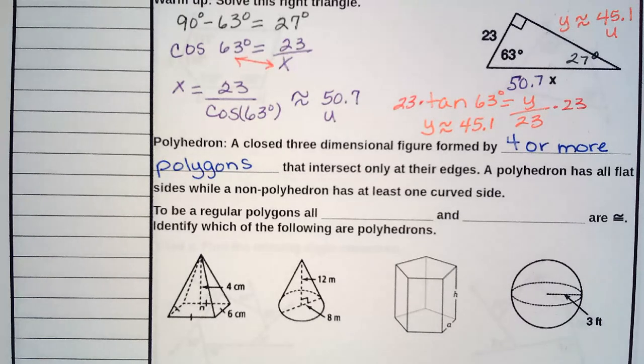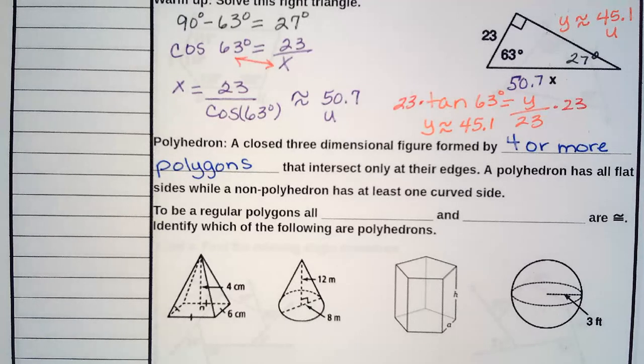They have to be polygons of some type, like triangles. They can be pyramids. They can be a rectangular prism. They can be any kind of right prism, but they can't be anything that would have that curve in it. So it could not be a cylinder.